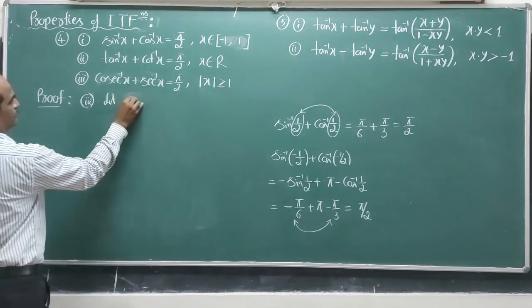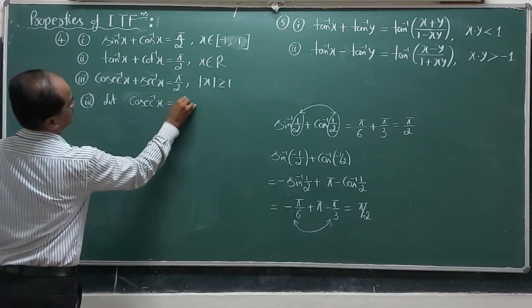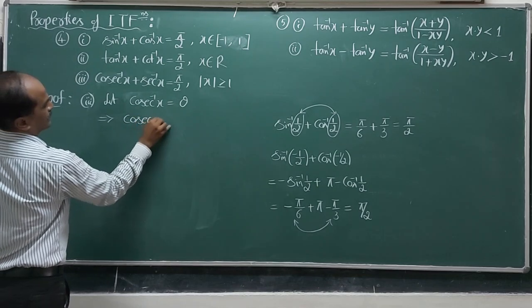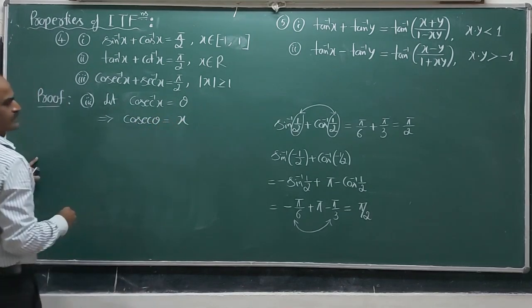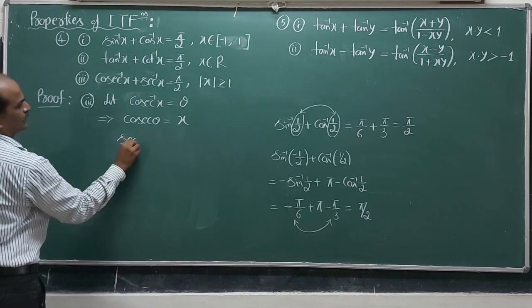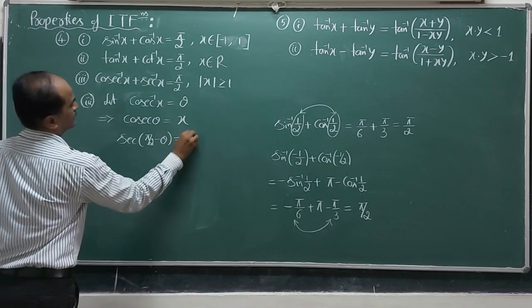Same logic. Let cosecant inverse x equal to theta. Using inverse function I can write cosecant theta is x. Using allied angles now, it is secant of pi by 2 minus theta equal to x.